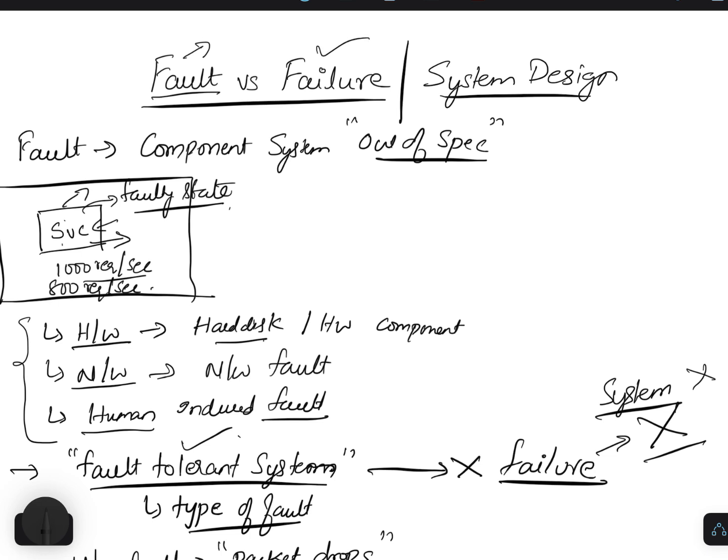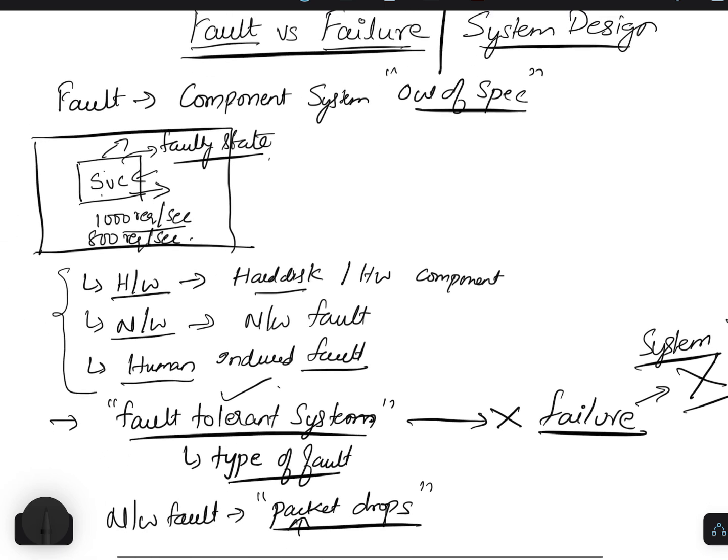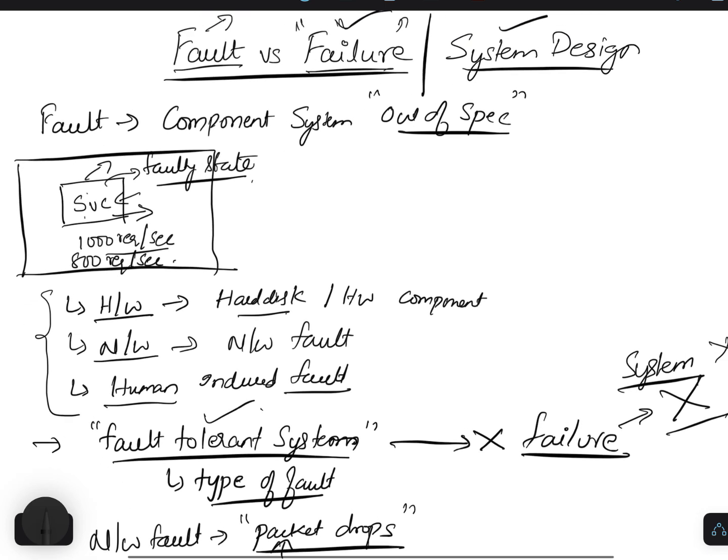Our main aim is that the system should never go into a failure state, whatever fault happens. If we design our system to tolerate the faults we can foresee, then our system will not go into a failure state, and this will ensure that the customer is satisfied with our system usage. So this is what I wanted to discuss in this short video.